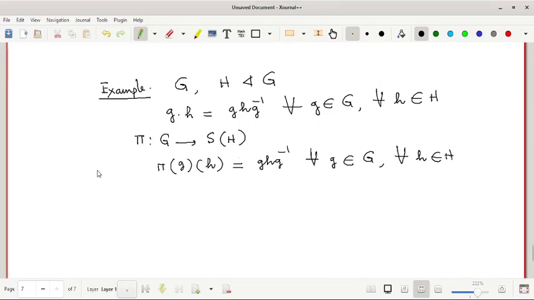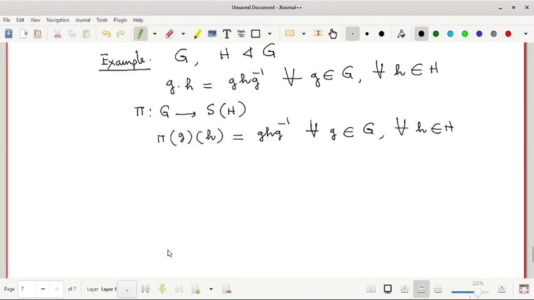Okay. Now, what happened? If g is there in the kernel of pi, this implies pi of g is the identity. That means pi g of h is h.